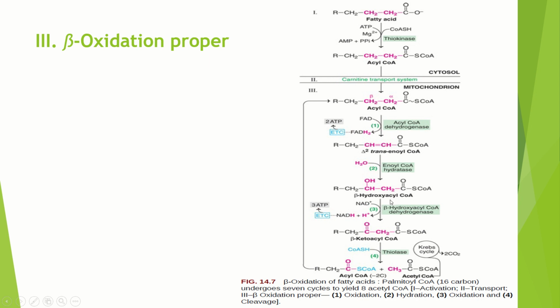And the second reaction of beta oxidation is a hydration reaction. Hydration of trans-enoyl CoA with the help of enoyl CoA hydratase enzyme leads to the formation of beta hydroxy acyl CoA, and this is going to be acted on by beta hydroxy acyl CoA dehydrogenase enzyme, which is an NAD dependent enzyme.